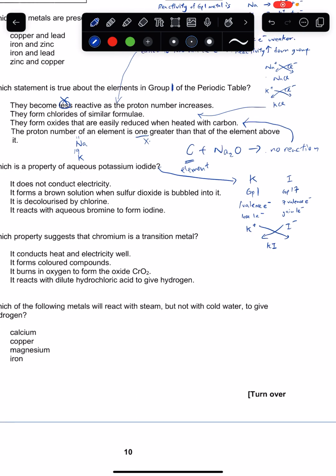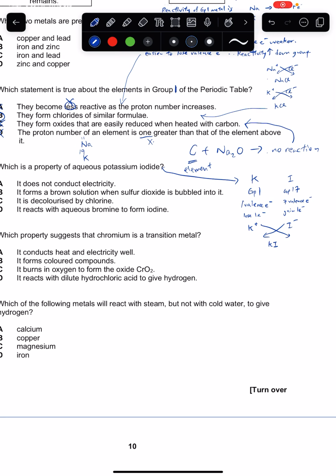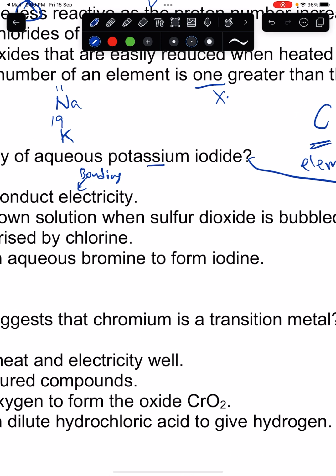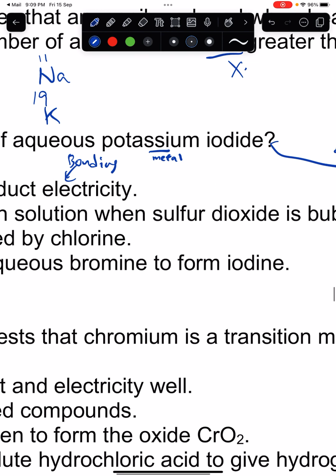Cool. So, conduct electricity. When you think of conduct electricity, I think of bonding, isn't it? So I see a metal. I see a non-metal. So what bonding do you think this is likely to be? Ionic, right?